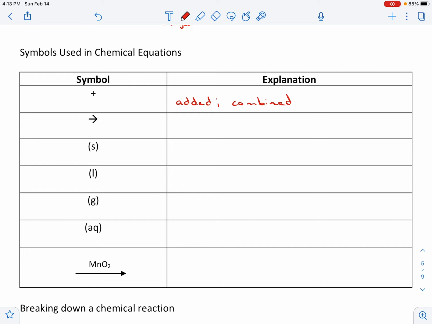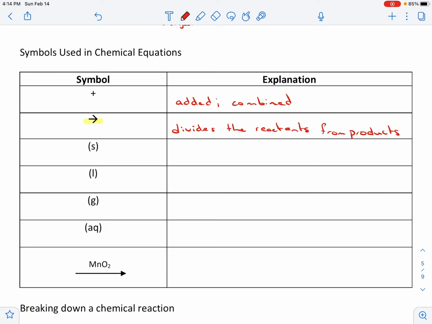The next one is an arrow, and this shows the reaction taking place, but it also divides the reactants, remember, that's our starting material, from our products. So we're able to tell on the left side is our reactants, and on the right side is our products.